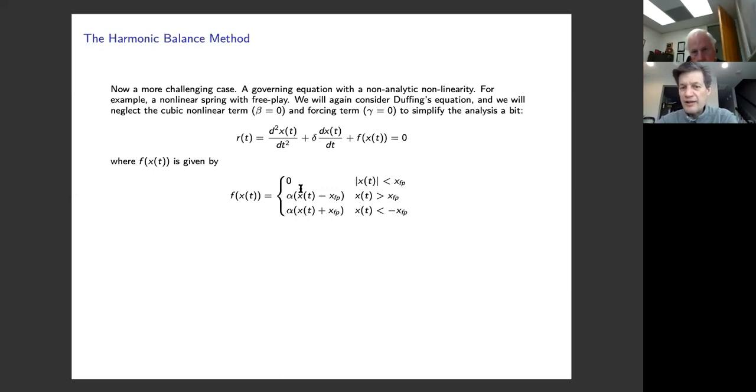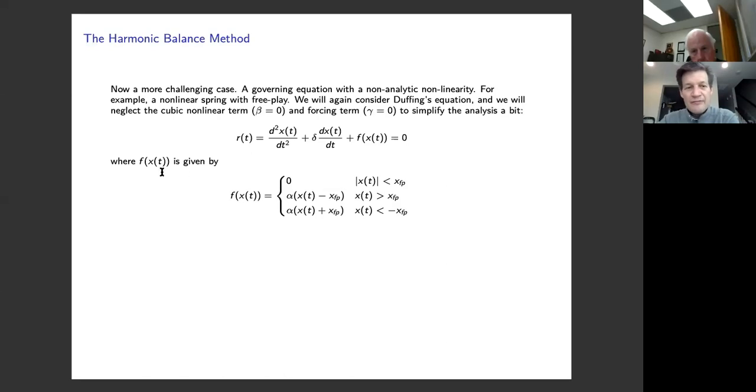That's the free play. And then as soon as you exceed that displacement, whether positive or negative, then the stiffness starts to kick in. So this is the way that the mathematical function for the spring with free play could be represented.